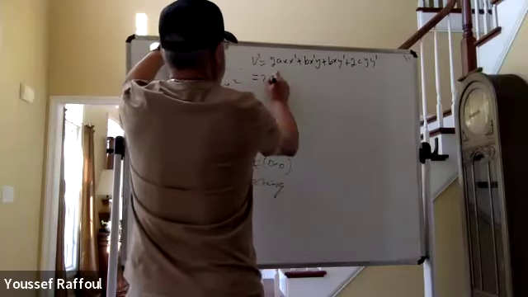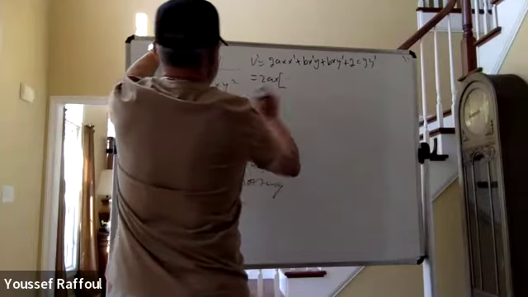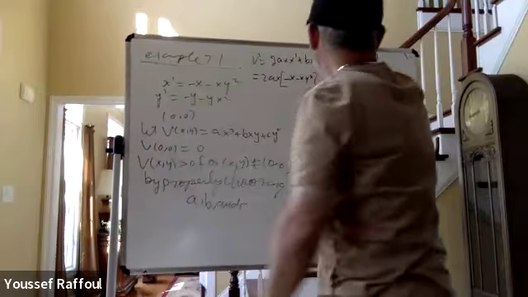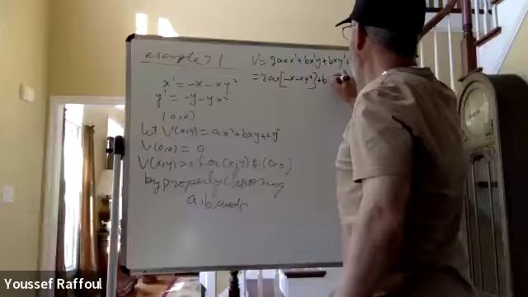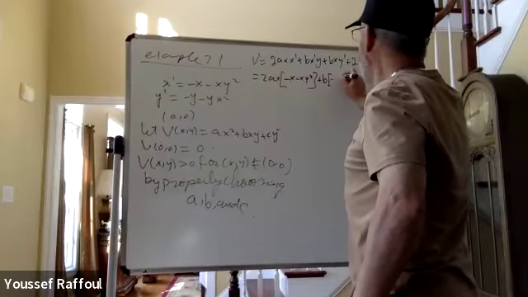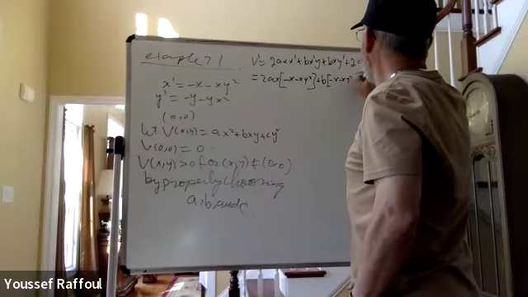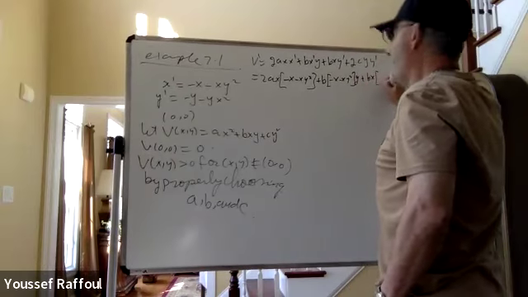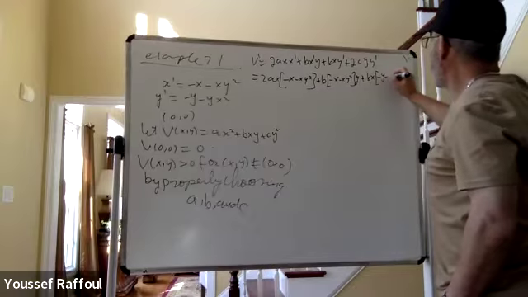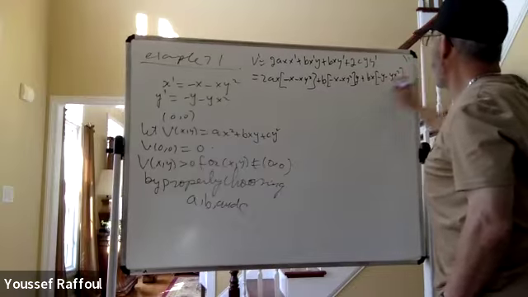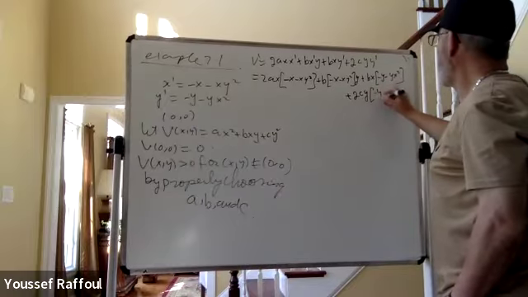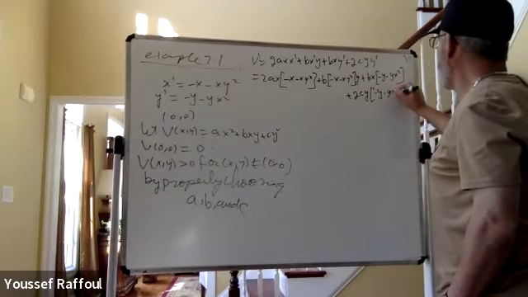So this is 2ax times (x prime, which is minus xy squared) plus b times minus xy squared y plus bx times minus y x squared plus 2cy times minus y x squared.